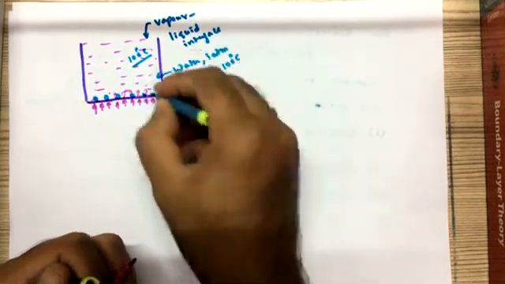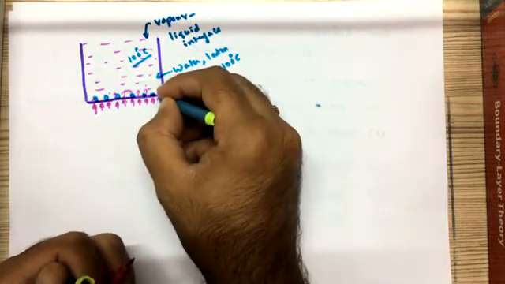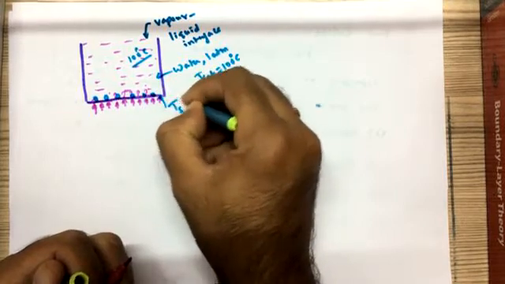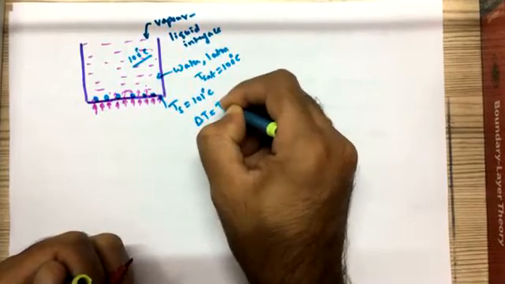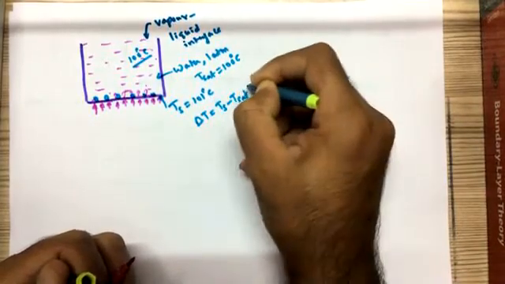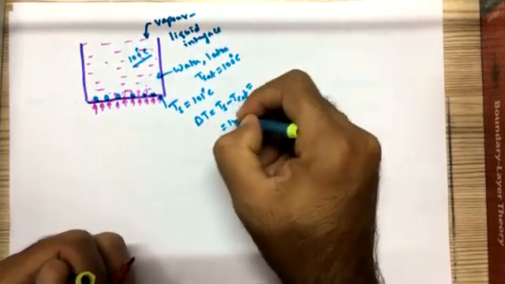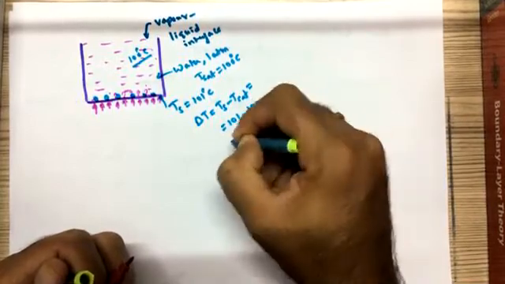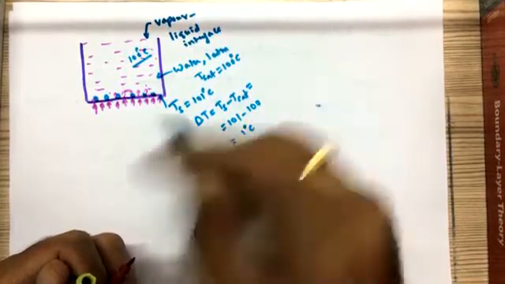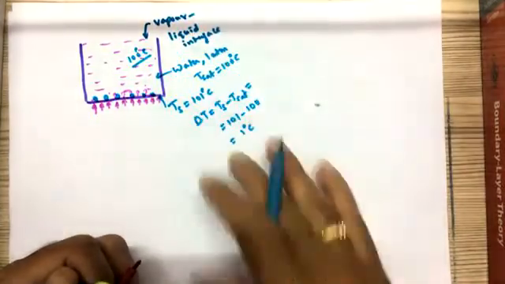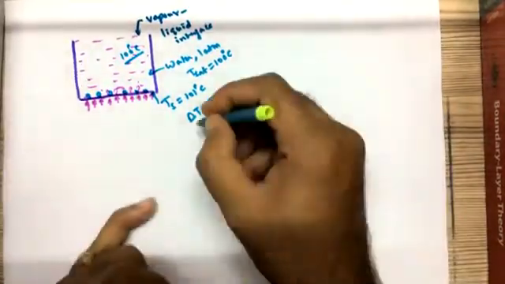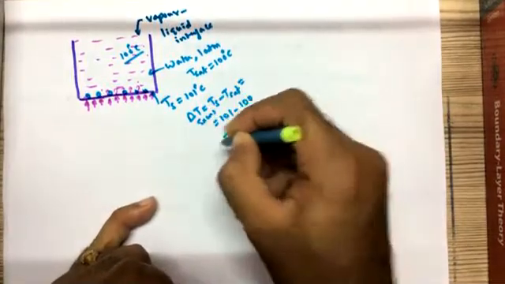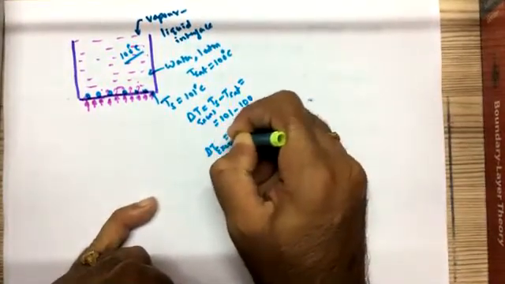Now, let us suppose the surface temperature is 101 degrees. What is the delta T? Delta T is Ts minus Tsat. So, 101 minus 100, that is 1 degree Celsius. Now what natural convection says is, I got my delta T excess as 1 degree Celsius.